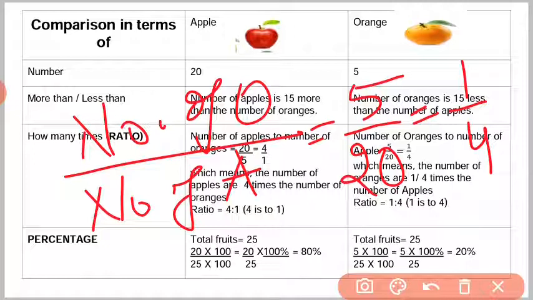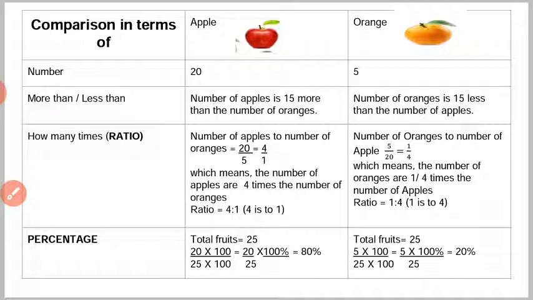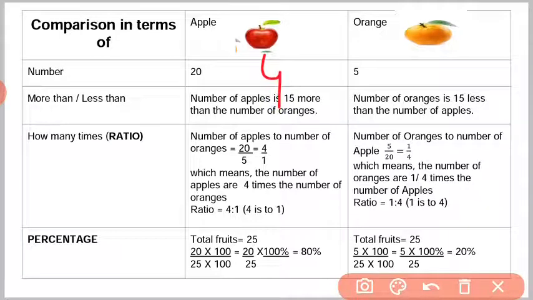So we can write it as number of oranges is equal to 1 by 4 multiply number of apples. So we can say number of oranges are 1 by 4 times the number of apples. So what is the ratio between number of apples and number of oranges? It is 4 is to 1.